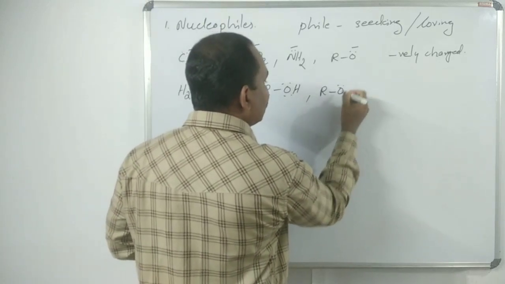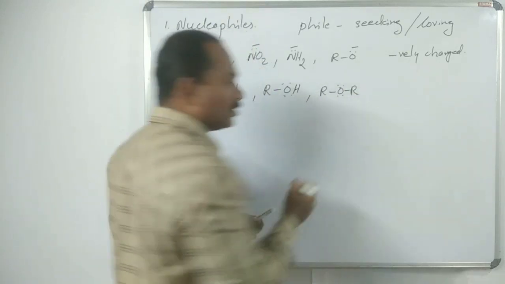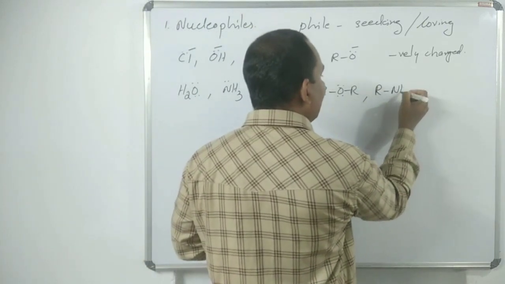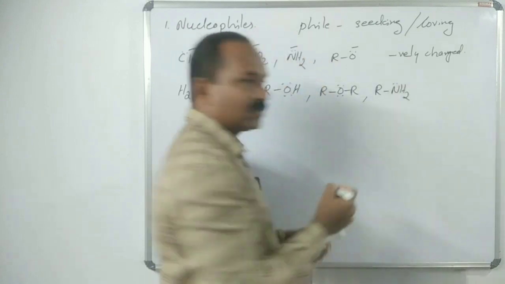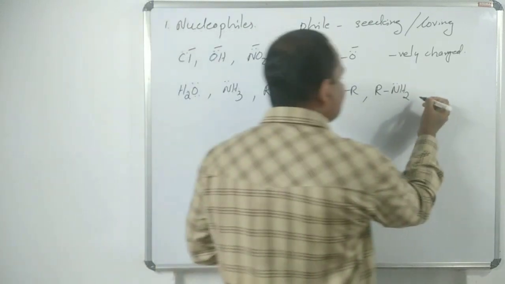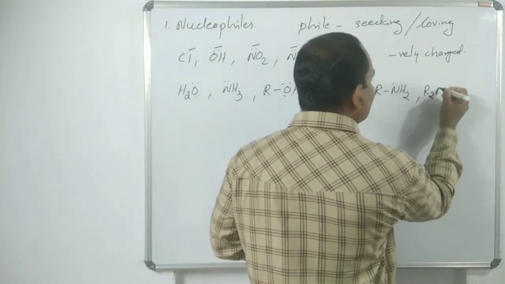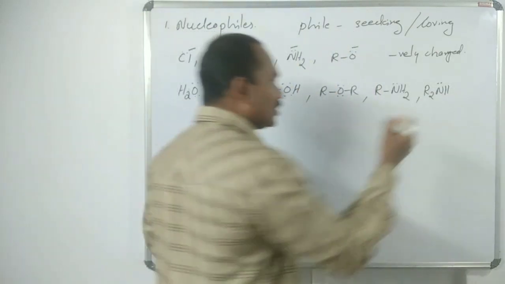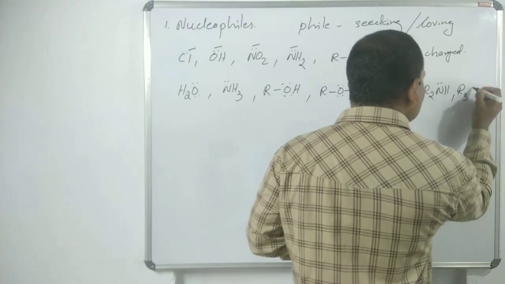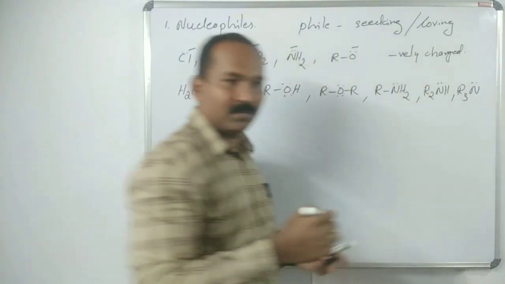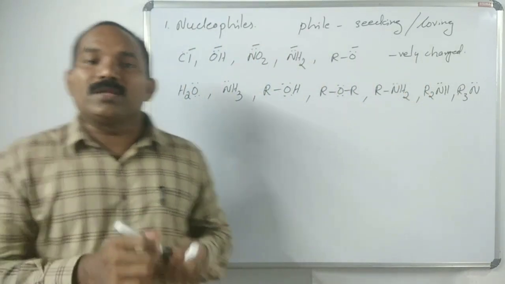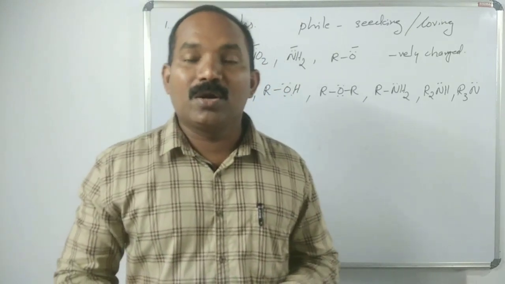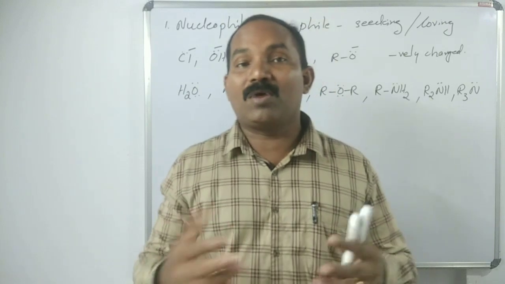Then ether, electron rich. Amines, NH2, electron rich. Secondary amines, R2NH, electron rich. Tertiary amines, R3N. So nucleophiles are either negatively charged or neutral molecules.